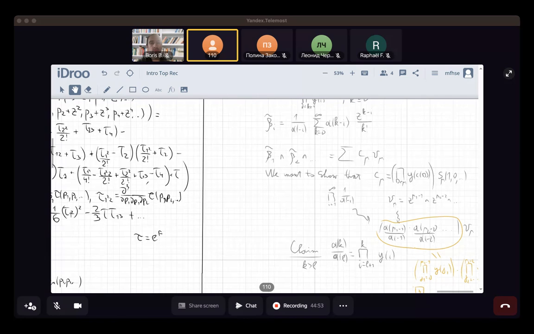I'll introduce some new functions, and I'll explain what this means. Times s mu of p1, p2, and so on, times s mu of q1 over h bar, q2 over h bar, and so on.